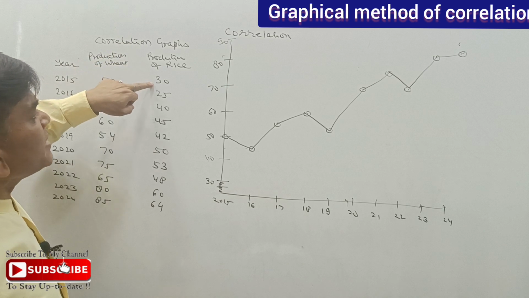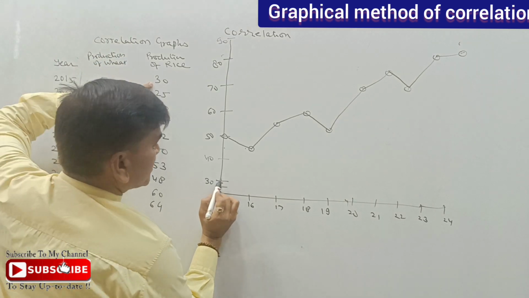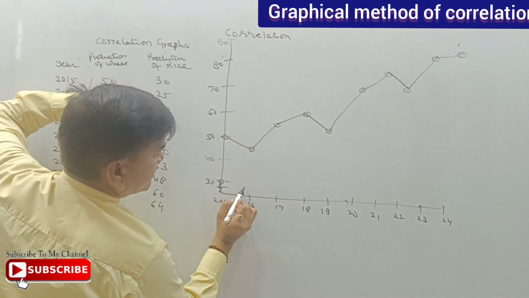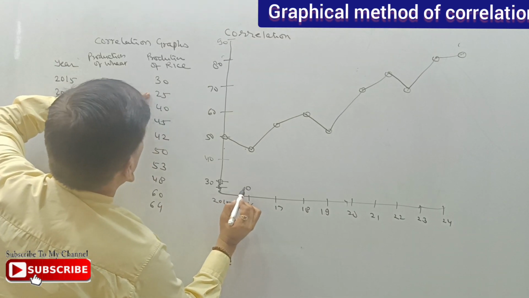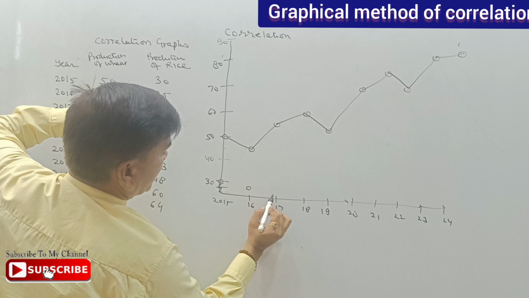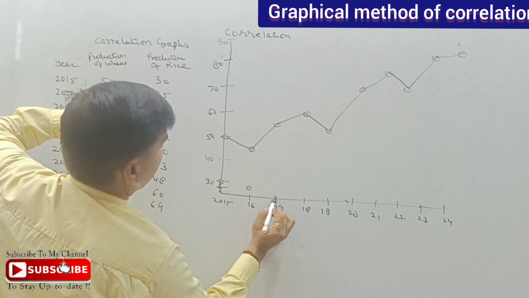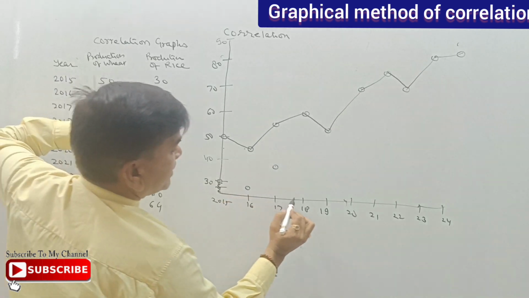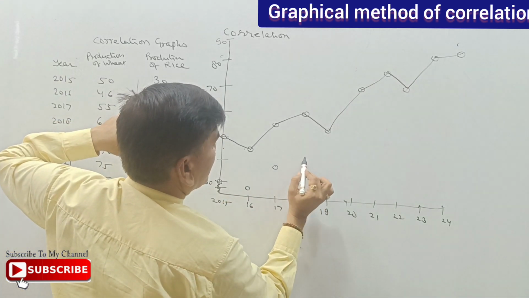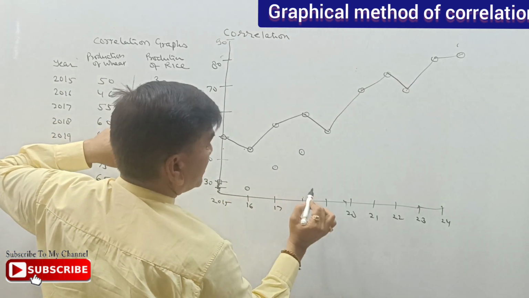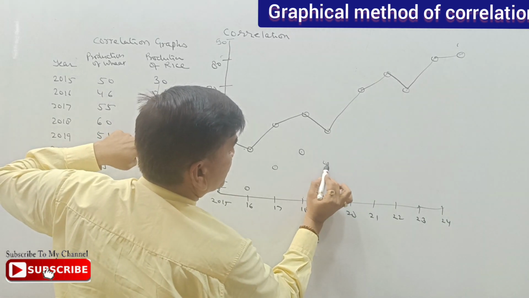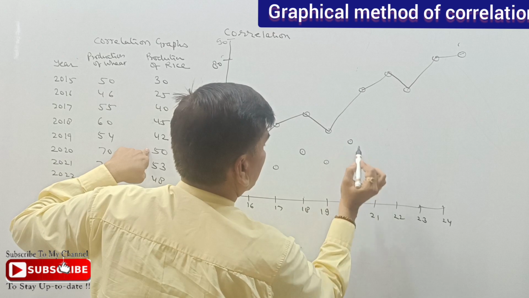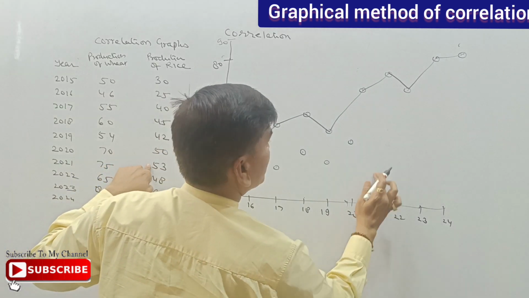Now the production of rice. Firstly the production of rice is 30. It decreases to 25, then increases to 40, then increases to 45. Then it decreases to 42, then again increases to 50, then increases to 53.